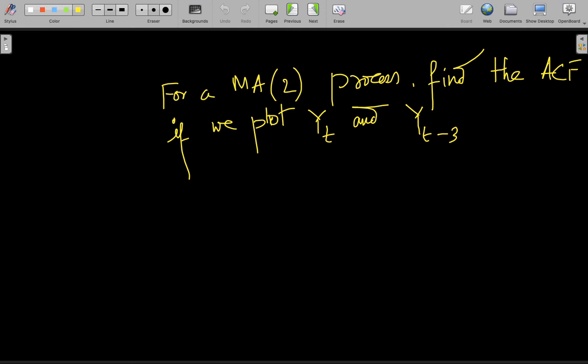So the moment you want any relationship between Yt and Yt minus 3, the value of the time series at lag 3, there is no question of any correlation at all. It will give you zero correlation. So the ACF is going to be 0.